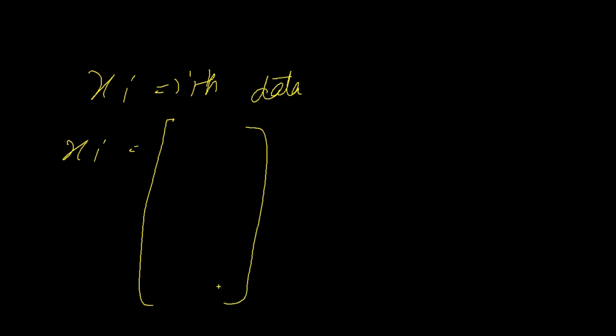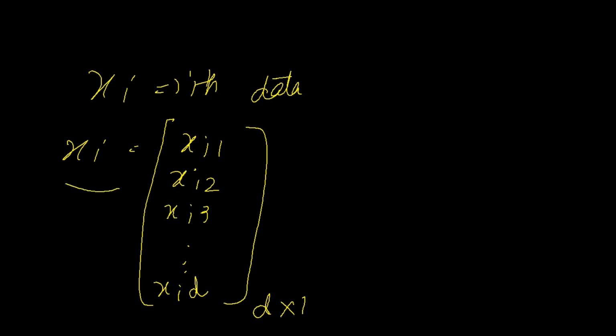Now we denote the ith data point xi by default as a column vector, that is, xi is a column vector of size d cross 1: xi1, xi2, xi3 up to xid.